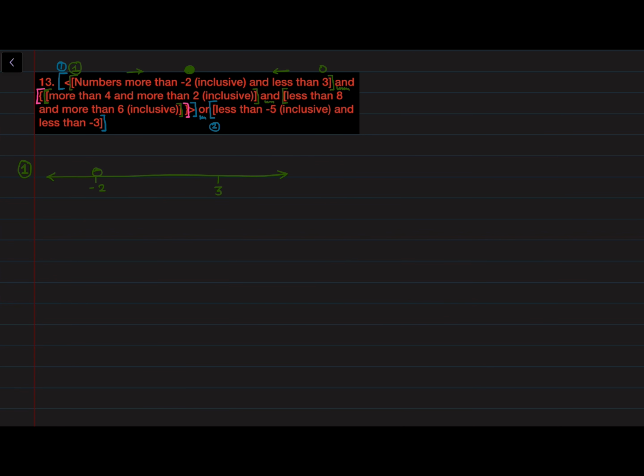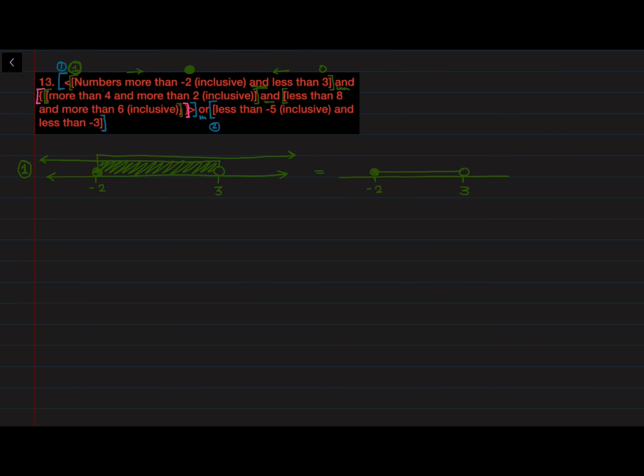We're looking at numbers more than -2 and less than 3. It says AND, so we're looking for an overlap, which is this region. So we get a final region of numbers from -2 to 3 where negative 2 is included and 3 is excluded. And that is the answer to our first one.